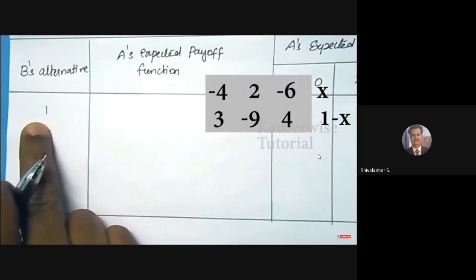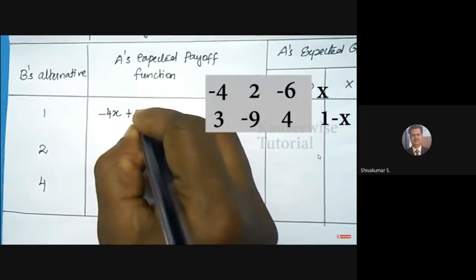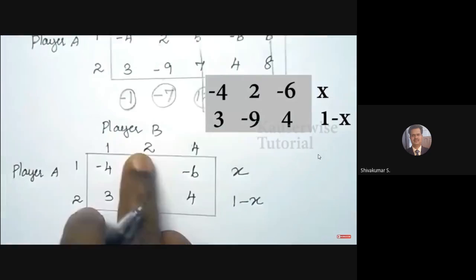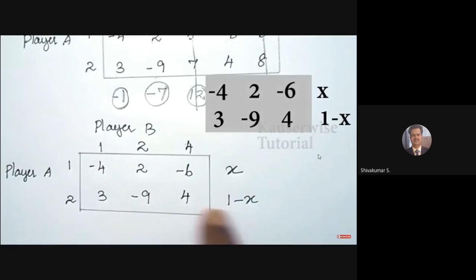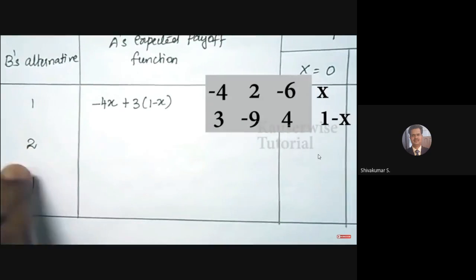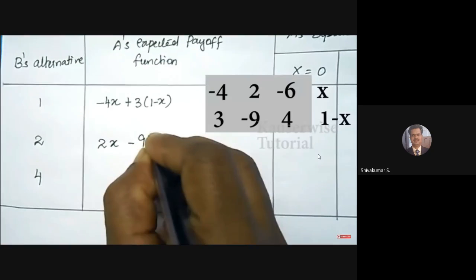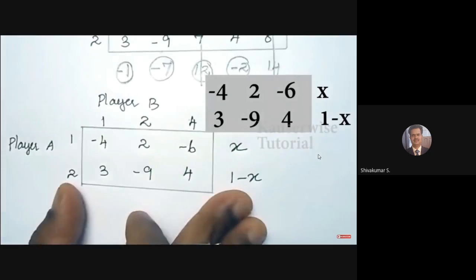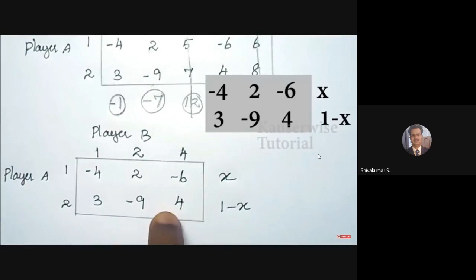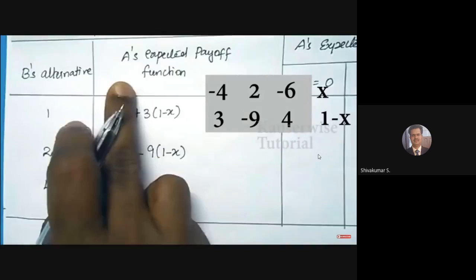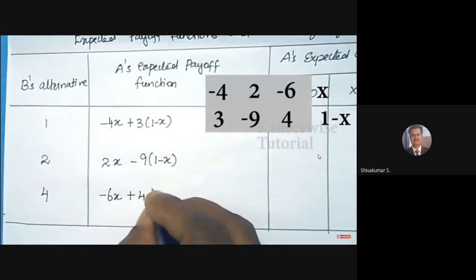For the second alternative, 2 into x minus 9 into 1 minus x, so 2x minus 9 into 1 minus x. The third alternative is the fourth strategy, so minus 6 into x plus 4 into 1 minus x.